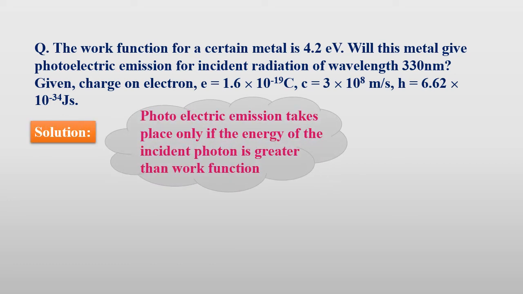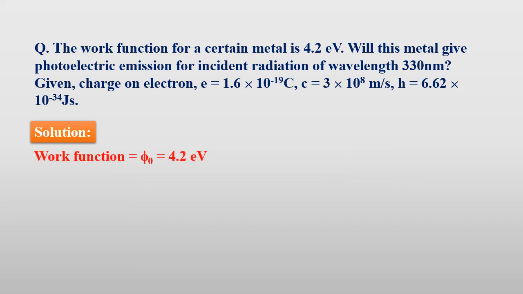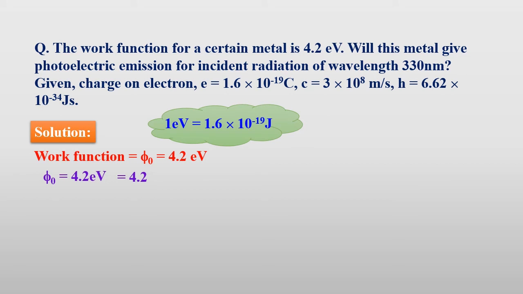Photoelectric emission takes place only if the energy of the incident photon is greater than the work function. The work function of the material is 4.2 electron volt. That can be written as 4.2 into 1.6 into 10 to the power of minus 19 joule, since 1 electron volt is 1.6 into 10 to the power of minus 19 joule.